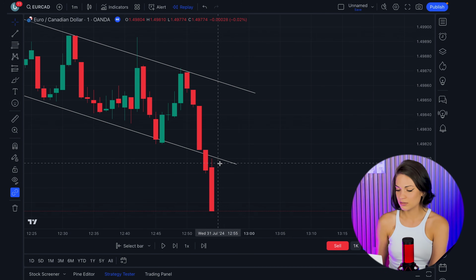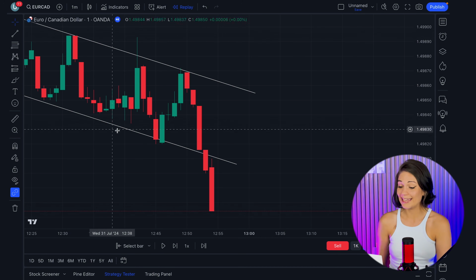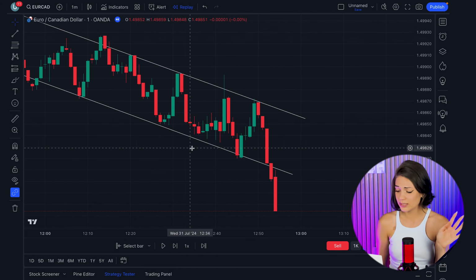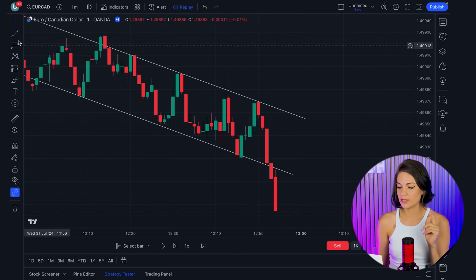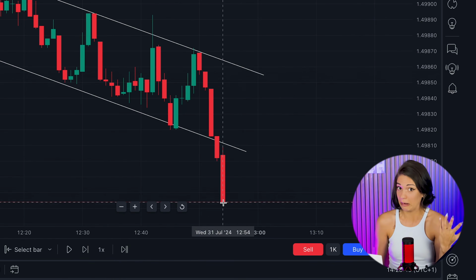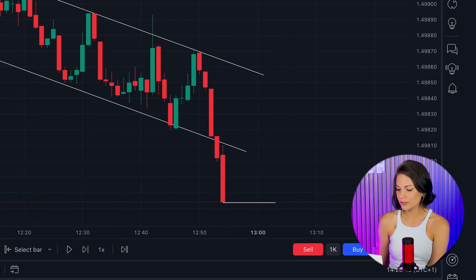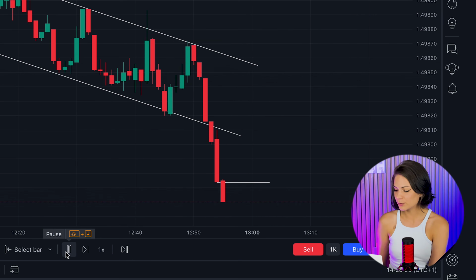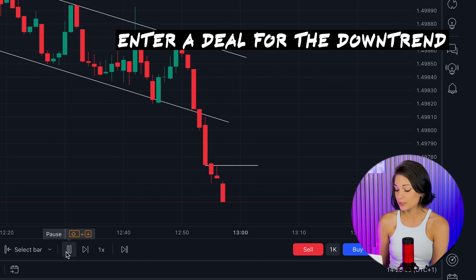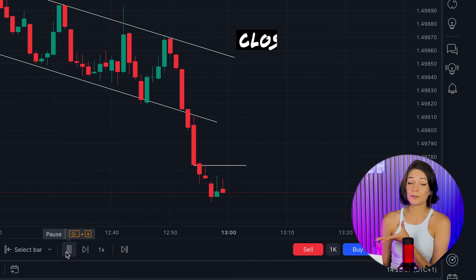We see that the next two candlesticks ignored the trend line completely, and we see that the price reversal is maybe not happening, and that the price is going to go even lower. We have bigger chances, right? And from here we would enter into a deal for the downtrend, and we see that this would be closed in black.